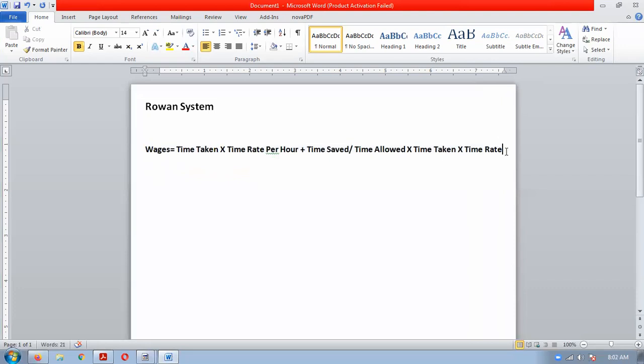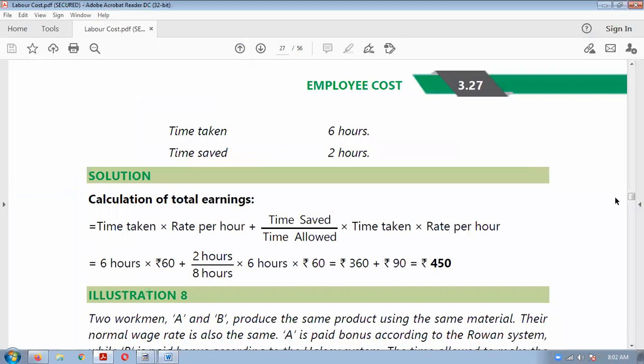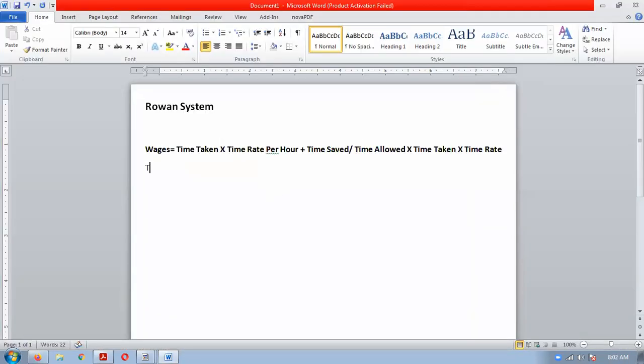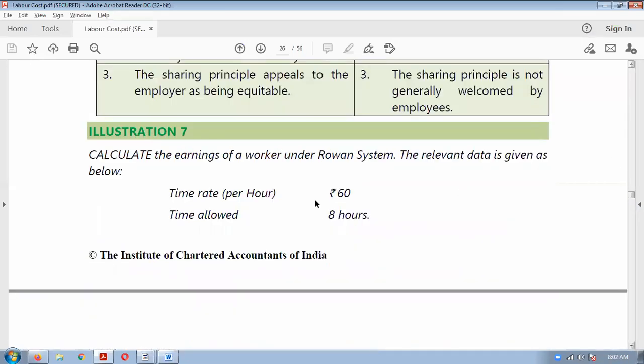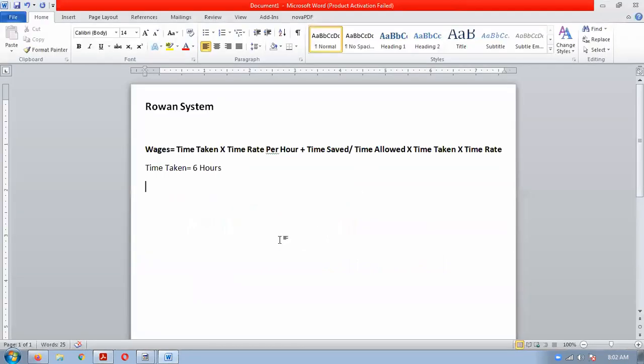What is the time taken in this question? Time taken is 6 hours. Then rate per hour, what is the rate per hour? Rupees 60 per hour.